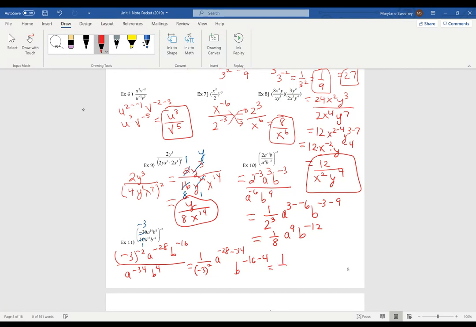So this is 1/9 a to the 6th, right? And b to the negative 20, which means a to the 6 stays on top, 9 b to the 20. The b to the negative 20 comes down, becomes b to the positive 20.